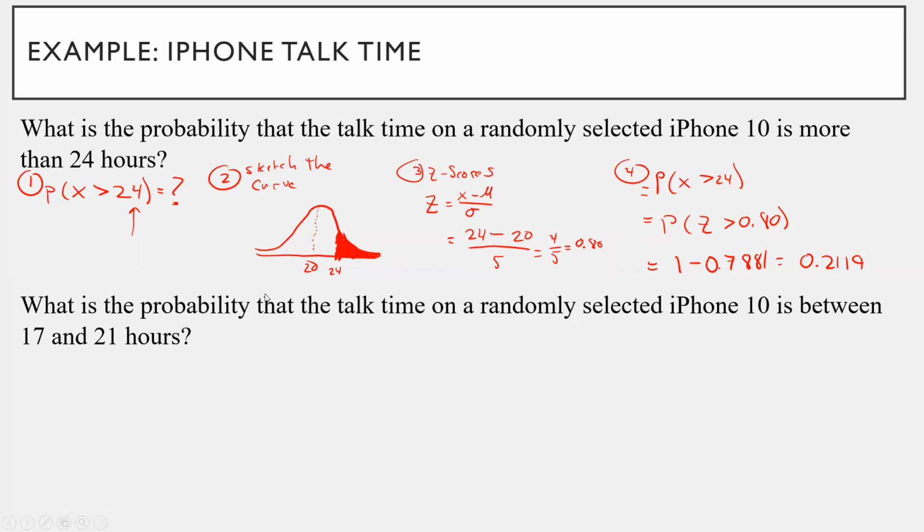All right, let's do this last one. What is the probability the talk time on a randomly selected iPhone 10 is between 17 and 21 hours? So it's the probability that this talk time is between 17 and 21 hours.